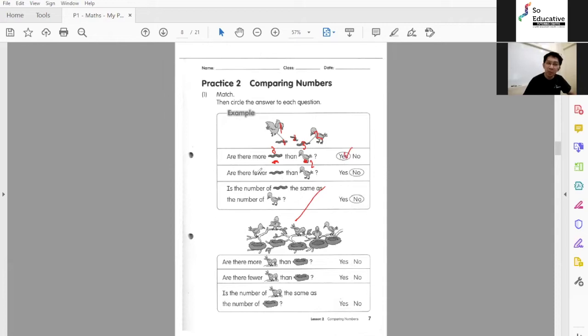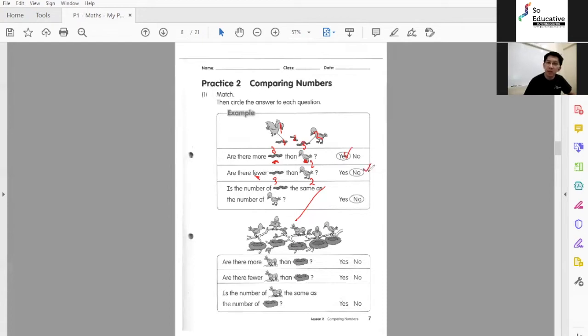Are there fewer? Fewer means the number is smaller. Are there fewer worms than chicks? No, because the number is bigger, so it is not fewer.